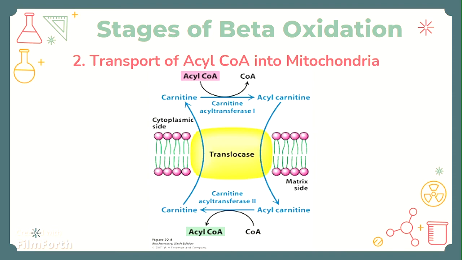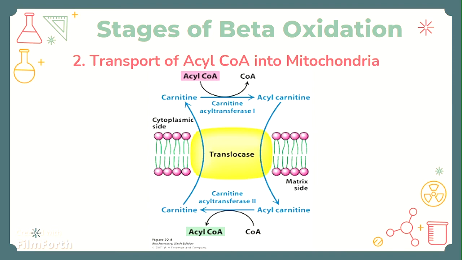This occurs in four steps. First, the acyl group of acyl coenzyme A is transferred to carnitine, catalyzed by carnitine acyltransferase 1. This is present on the outer surface of the inner mitochondrial membrane.